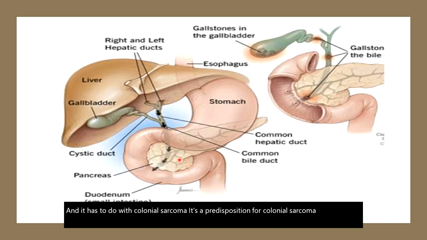We can have an obstruction of the common bile duct, and we can also have an obstruction very close to the union of the pancreatic duct and the common bile duct entering under the sphincter of Oddi.